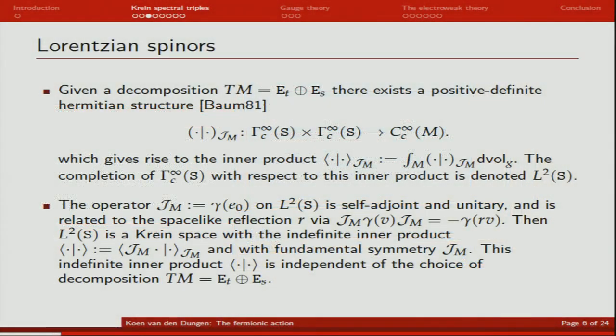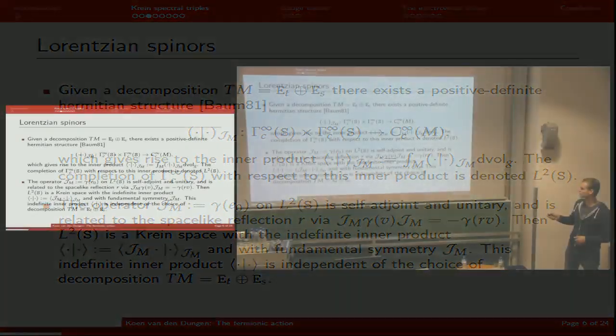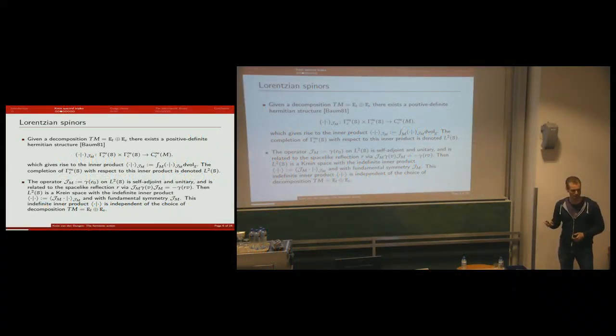But then we can define a fundamental symmetry. In this decomposition, the time-like part ET is assumed to be oriented. So there exists a unit section of this bundle, a unit time-like vector field E0. We look at the Clifford representation of this vector field.